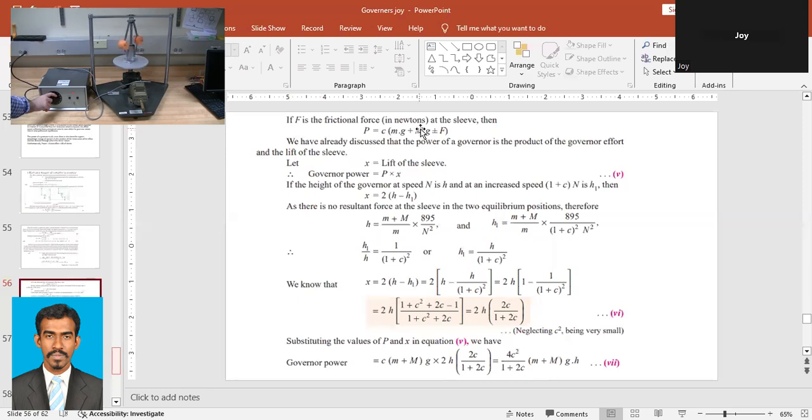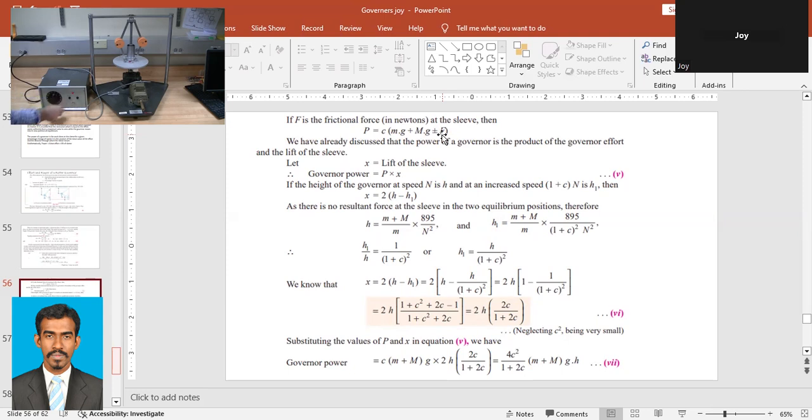If F is the frictional force in Newton at the sleeve, so far we didn't consider the frictional force. Now we are going to consider frictional force also. Under such circumstances, P will be equal to C into small mg plus capital Mg plus or minus F. This plus or minus F is the frictional force depending on the motion of the sleeve.